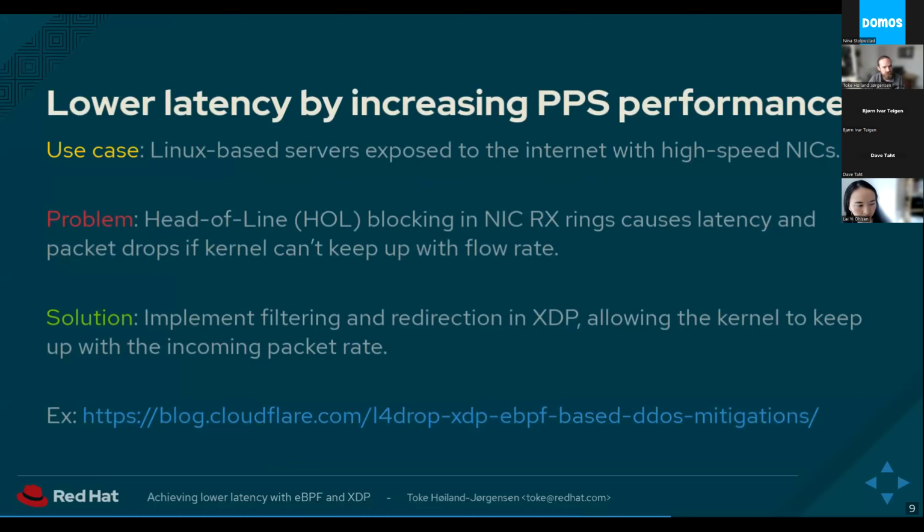The link at the bottom of this slide is to a public blog where Cloudflare talks about how they use XDP to do DDoS filtering on every server instead of having a middle box, which is also interesting if you have an edge deployment and don't have expensive hardware firewalls. You can drop all your excess traffic really early using XDP, and then your stack can keep up.